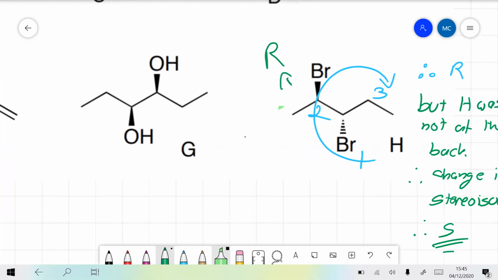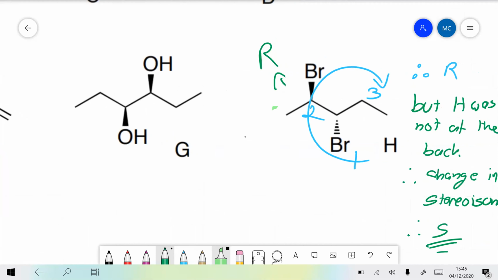What I'm saying is, and you can write it down if you want, whenever the 3D structure does not show the lowest priority at the back, find the RS notation. Okay?